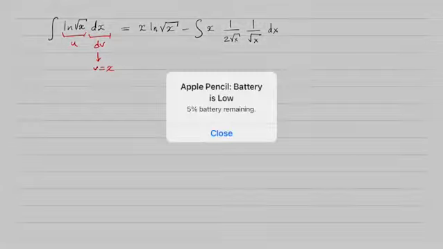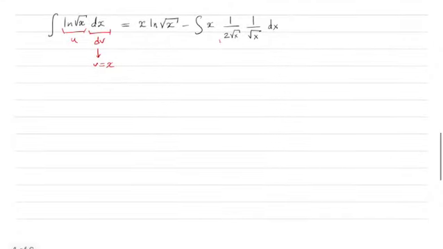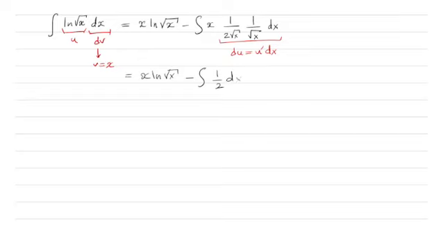This whole thing here is du, which is nothing but u prime dx. Let's simplify that. We get x ln of the square root of x minus the integral of, well, x cancels with those two square roots of x in the denominator, so we get half dx. We get x ln of the square root of x minus the integral of half, which is x over 2, plus a general constant of integration.